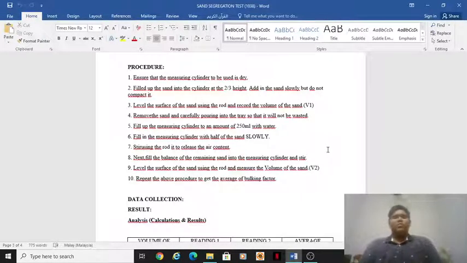Next, fill the balance of the remaining sand into the measuring cylinder and stir it. The ninth is to level the surface of the sand using the rod and measure the volume of the sand as V2. And last but not least, repeat the above procedure to get the average of the bulking factor.